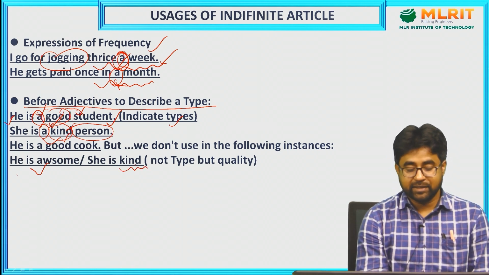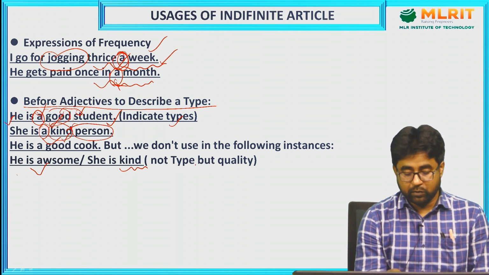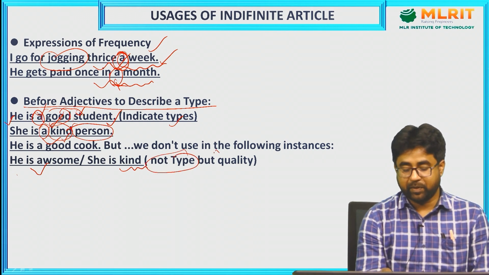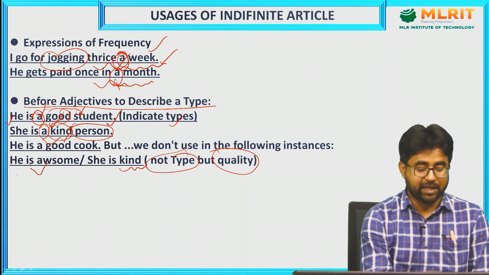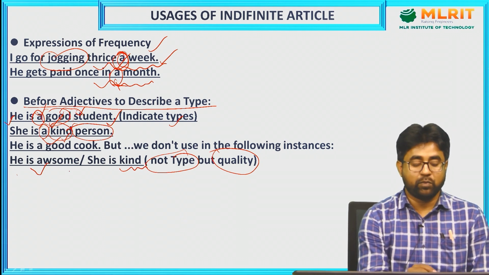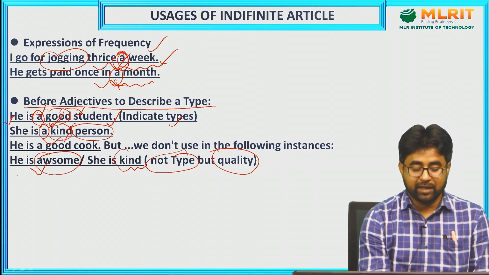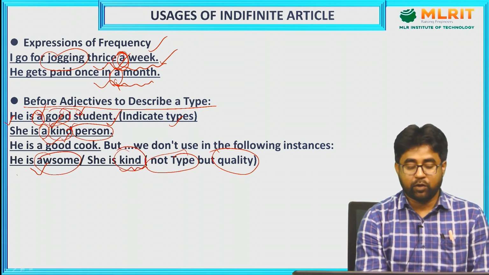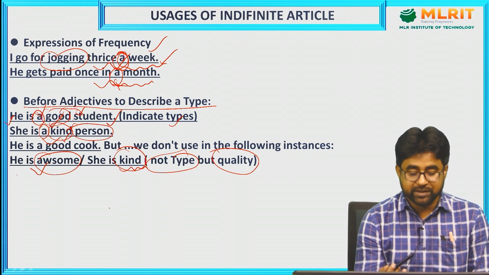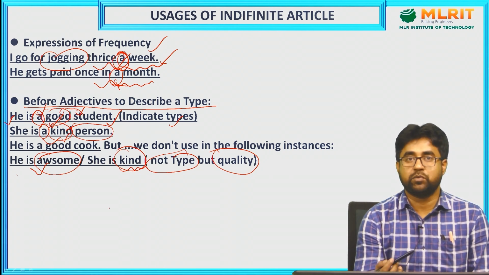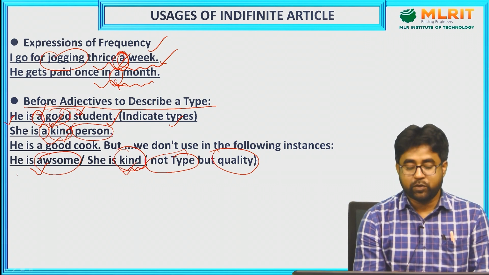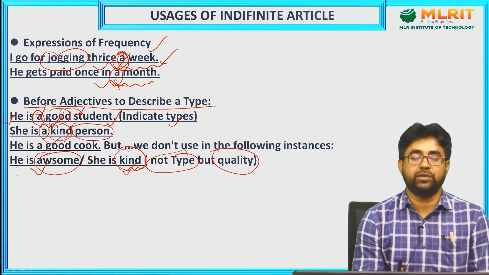Because here we are not talking about the type, but about quality. When I say he is awesome, I am not saying what type of person he is. Awesome is the quality. Similarly, if I say she is kind, I am talking about quality, what kind of person she is. So when we talk about quality, we are not supposed to use any article.